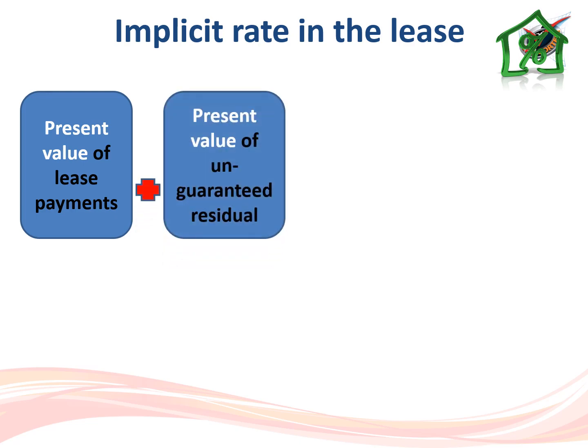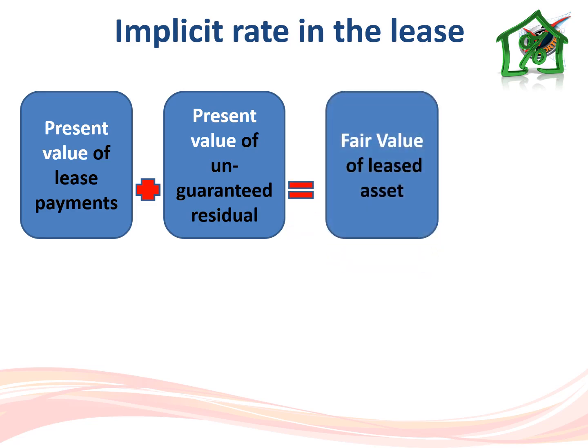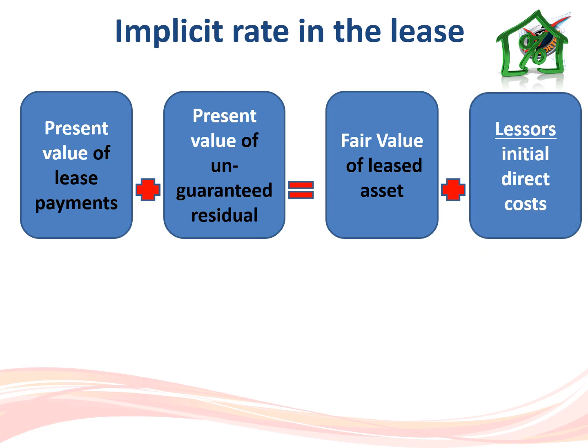And then added to that would be the present value of any unguaranteed residual, so the amount that would be received or paid at the end of the lease term, and that then would equate to the fair value of the leased asset. And then the only amount in addition thereto that the lessor would be entitled to capitalize would be any direct costs in setting up the actual lease agreement.